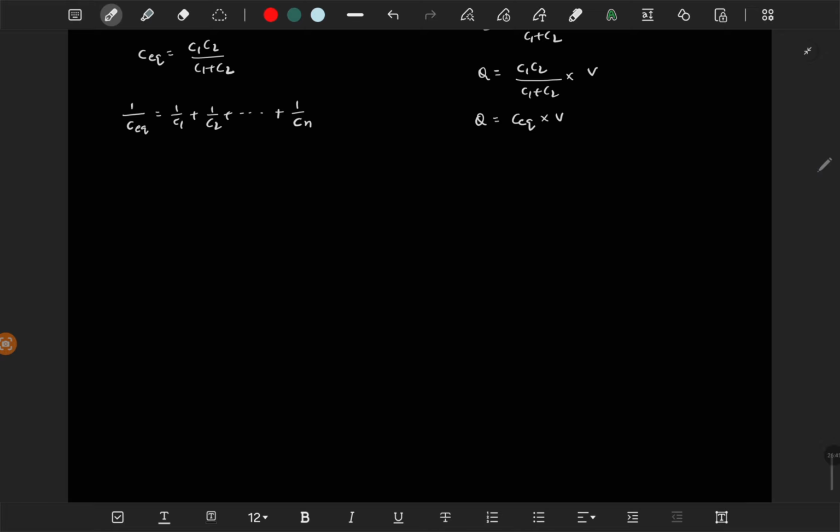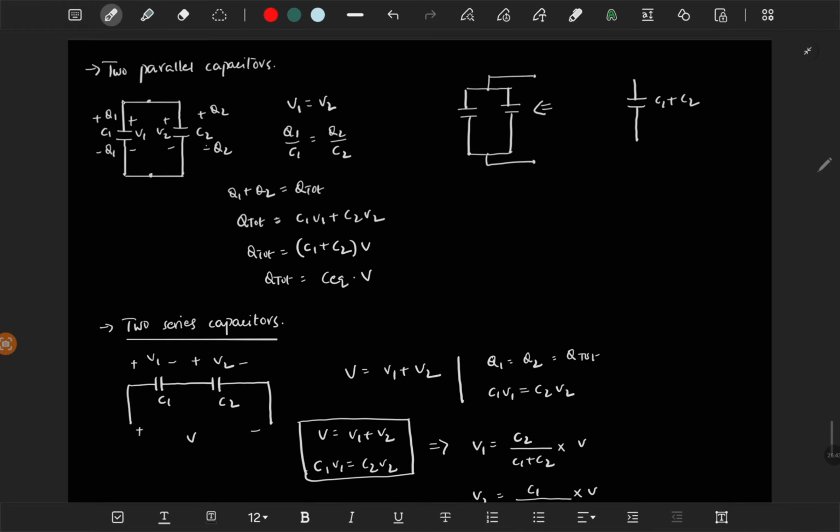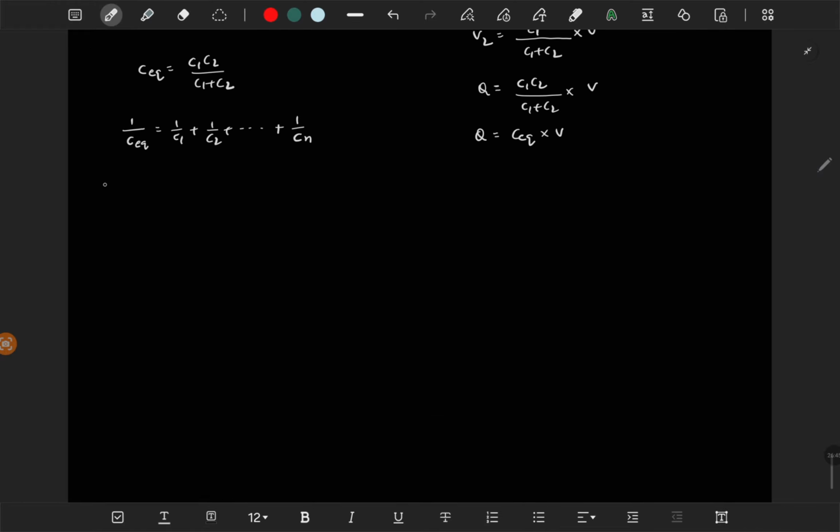This is, I think, enough for capacitance, and we will move on to the inductor. In a capacitor, if you pump some current through it, then there is some voltage buildup across the capacitor.